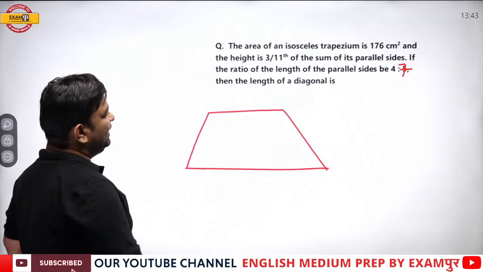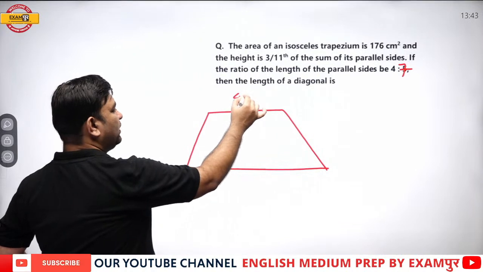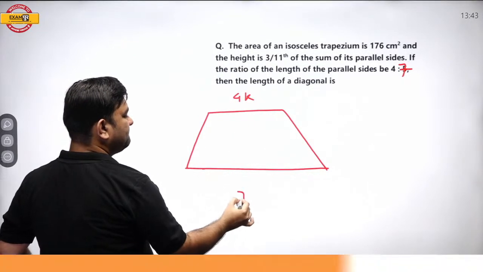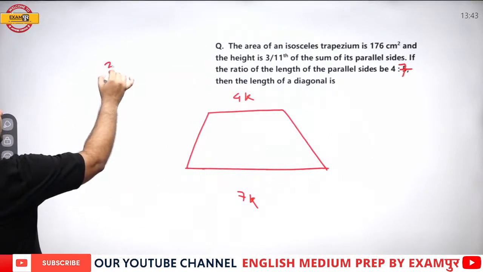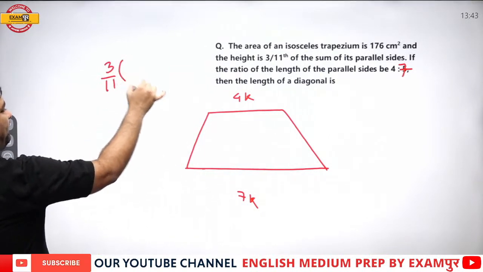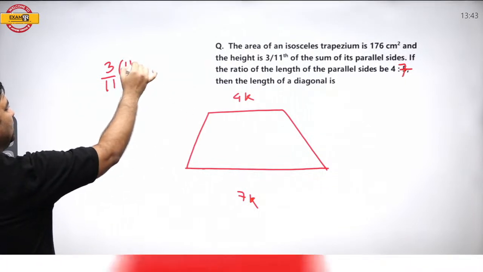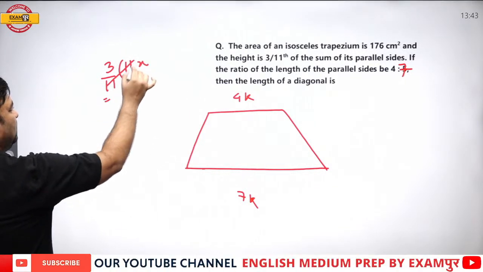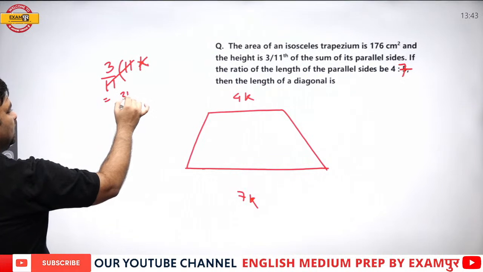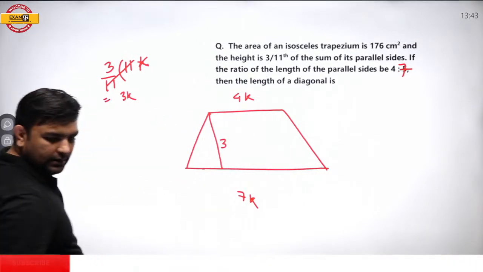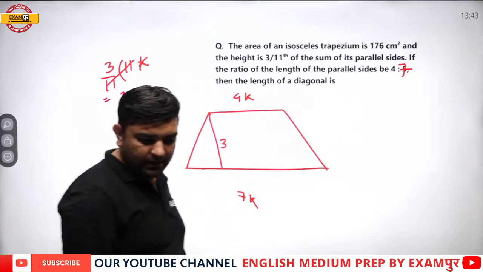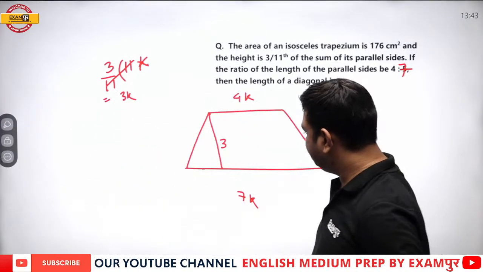If the ratio of the lengths of the parallel sides is 4 and 7, say 4K and 7K, height is 3 by 11 of the sum of parallel sides, so height is 3K.